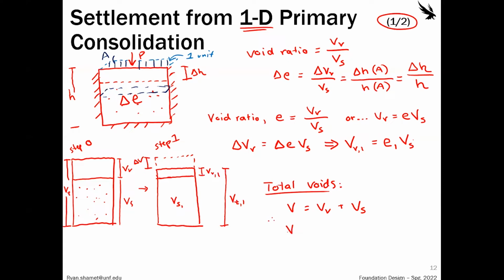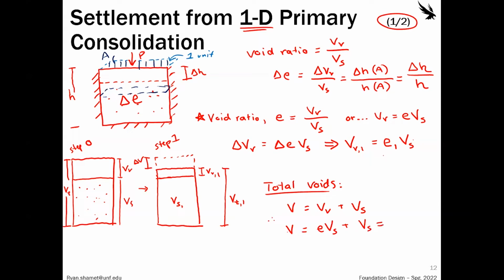Therefore, from our void ratio equation, our total volume is also equal to e times the volume of solid plus the volume of solid.